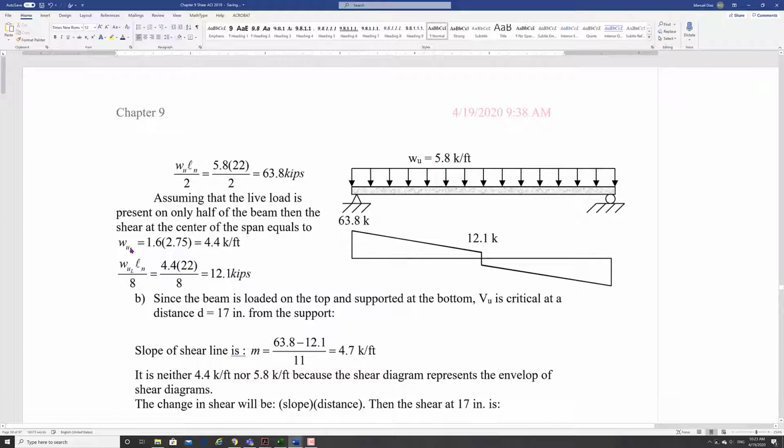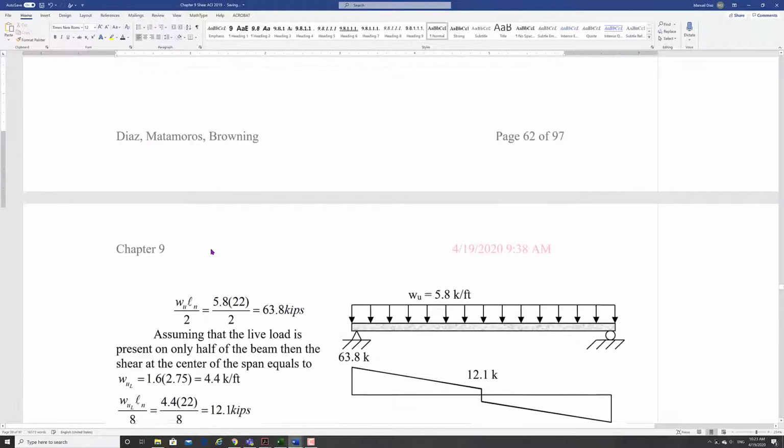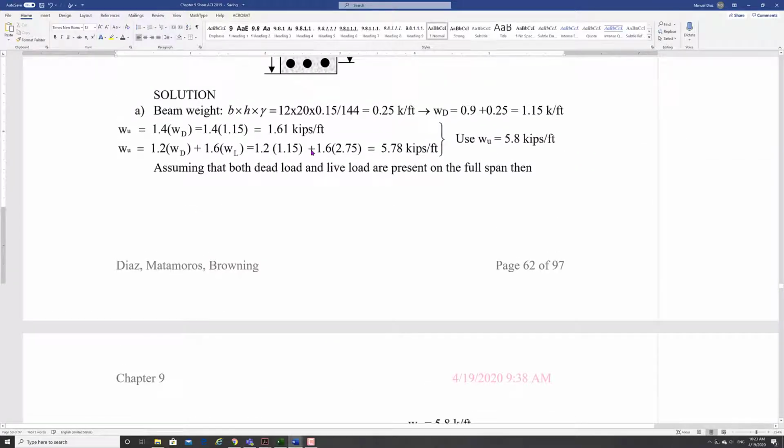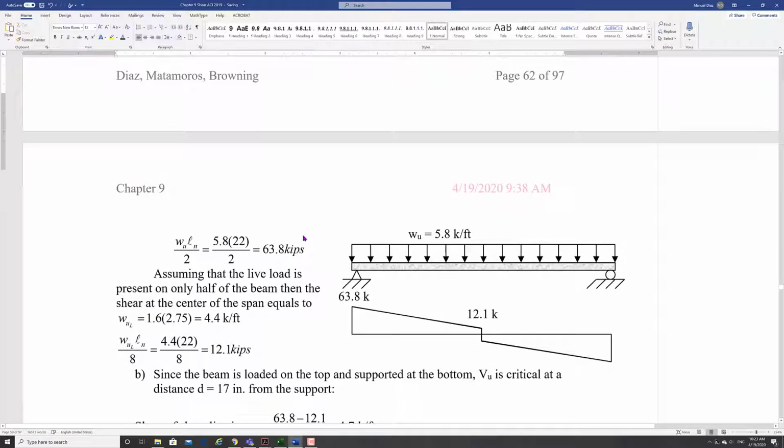I did find my separate live load. Remember, using the same factors, okay? Same factors, because that's your load combination. This is the one that controls, right? So we had to use the same factor. So here is the total value, but then here is the WUL ln over 8. So this is my maximum at the center, 12.1. So now we got a 12.1 here and not a 0 anymore.